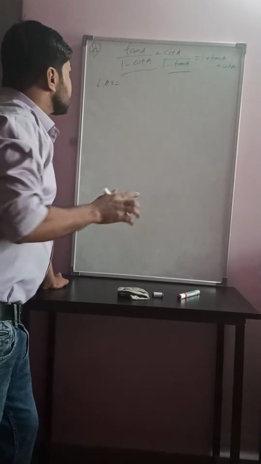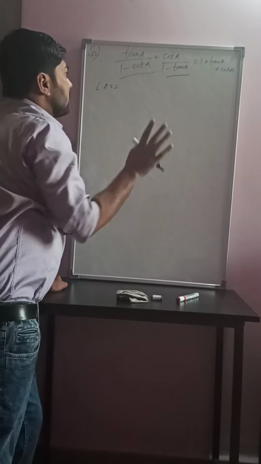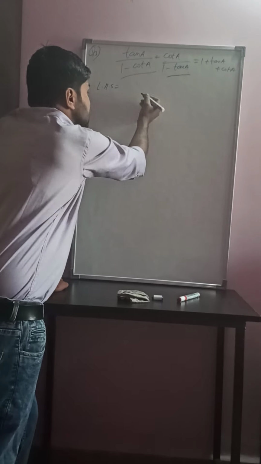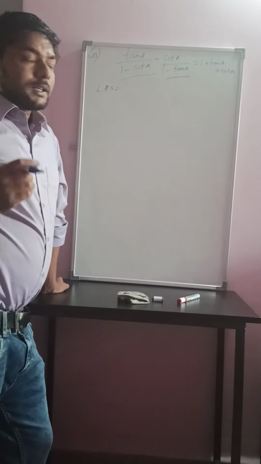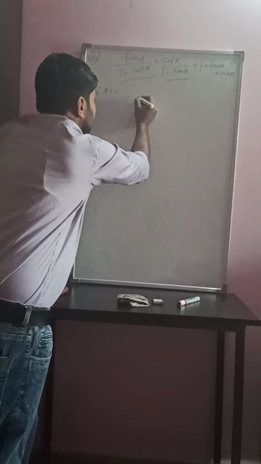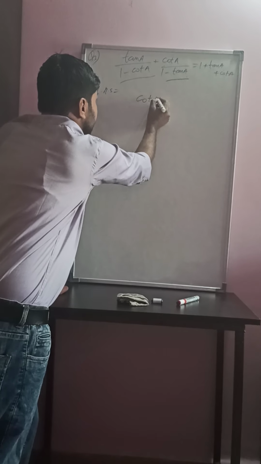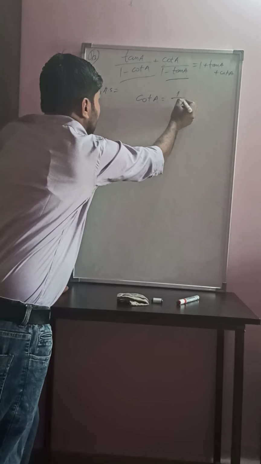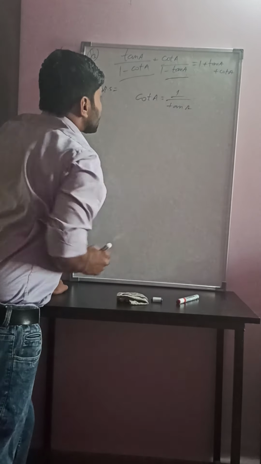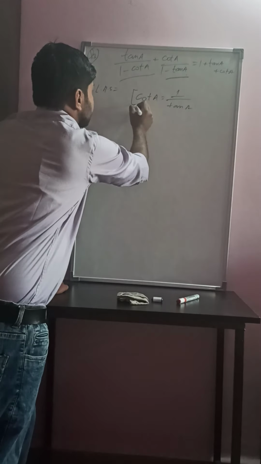So I'm going to convert this cot in the form of tan. What is the formula we have? Tan A equals 1 upon cot A, so cot A equals 1 upon tan A. This formula I'm going to use here.